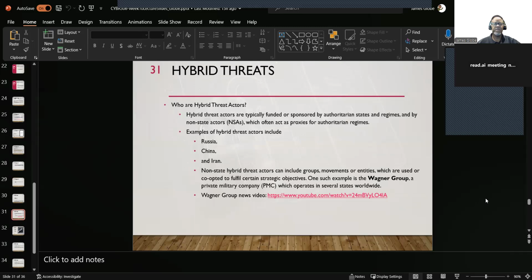So who are hybrid threat actors? According to the NSA, they could be, but are not limited to, Russia, your usual suspect, China, and Iran. Hybrid threat actors are typically funded and sponsored by authoritarian states and regimes, called non-state actors, NSAs. But they also can be non-state.